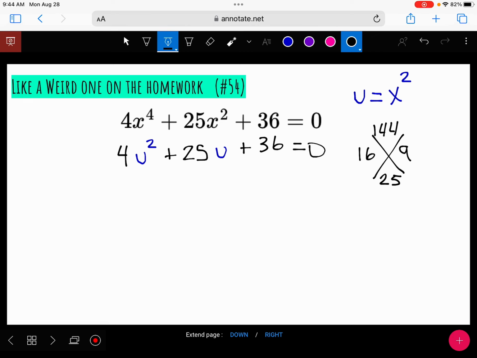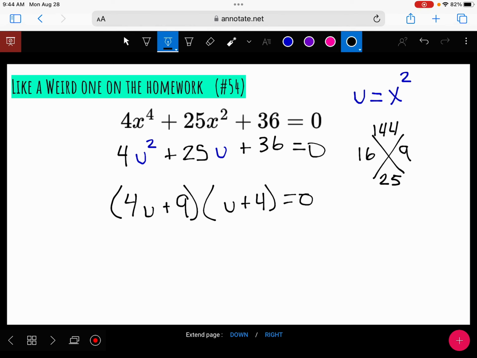So when it's factored, however you choose to factor, we should get 4u plus 9 and u plus 4. Right? That's our factored form.